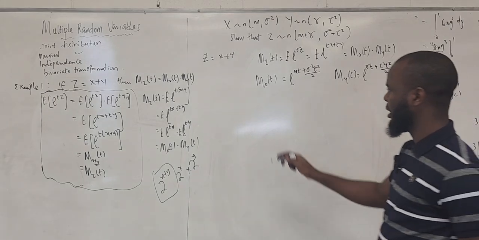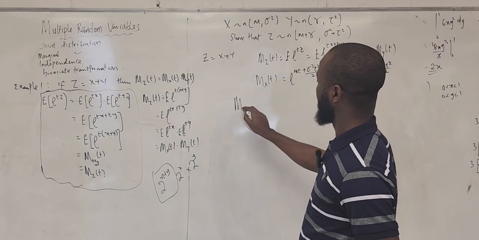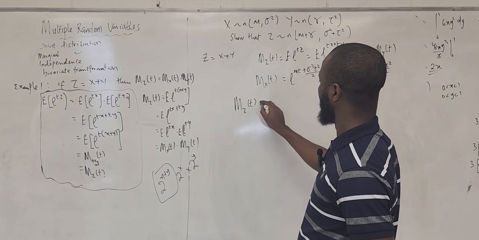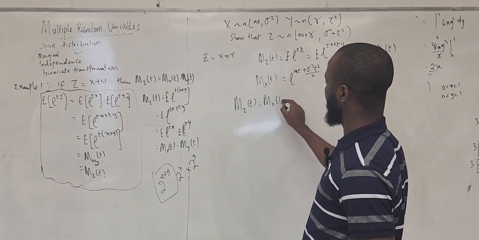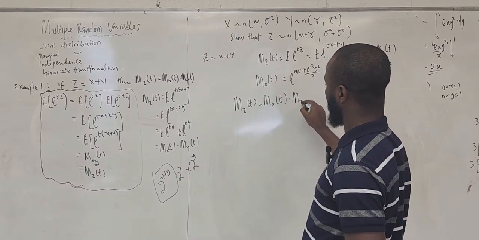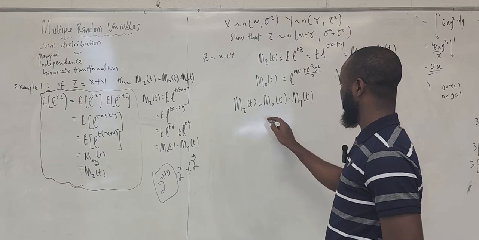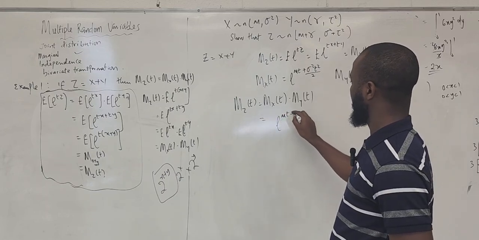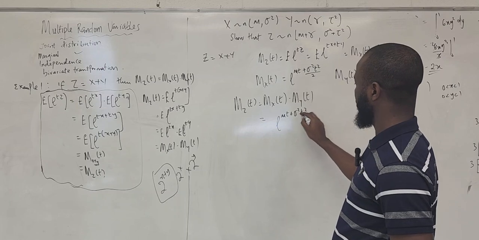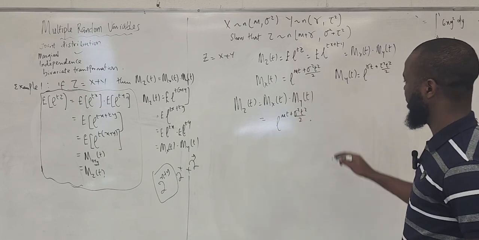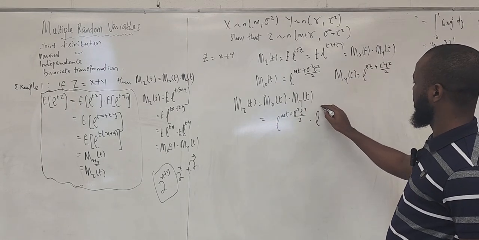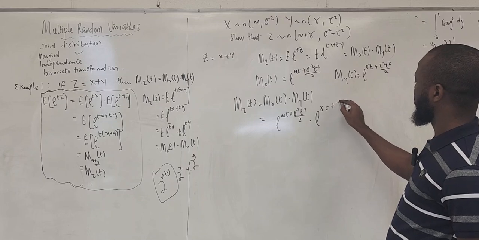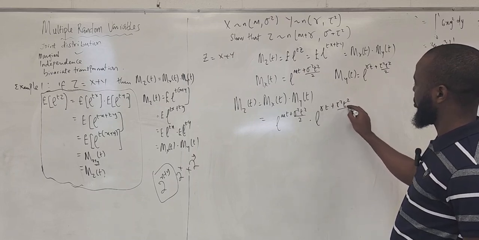So now, to get MZ, which is MX of t times MY of t, which is exponential mu t plus sigma square t square over 2 multiplied by the exponential tau square t square over 2.